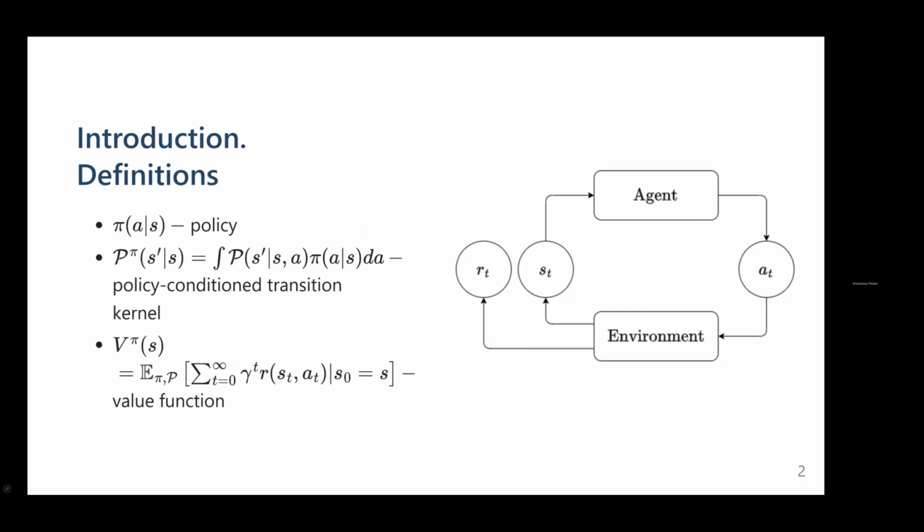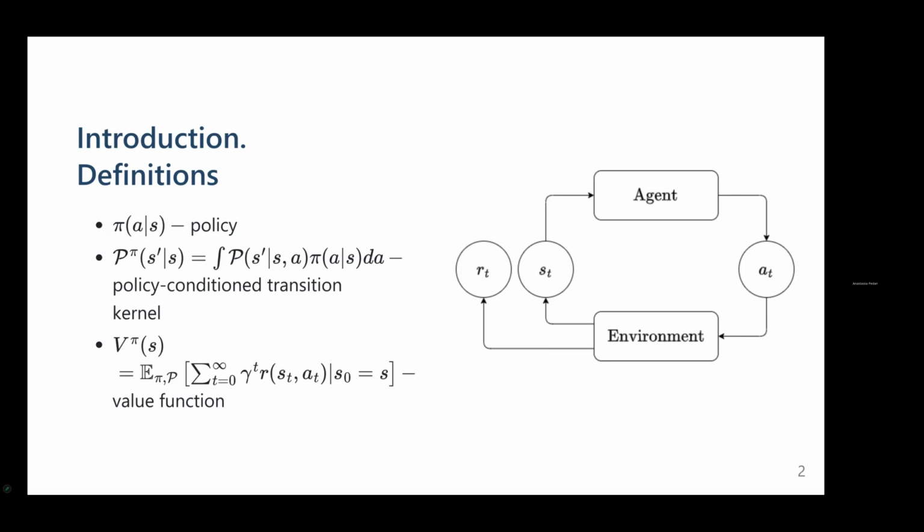Great. Next, some more definitions. The pi here is a policy. So it can be either stochastic or deterministic, we don't really care. It either gives you a probability density over action space given the current state, or just gives you the action.